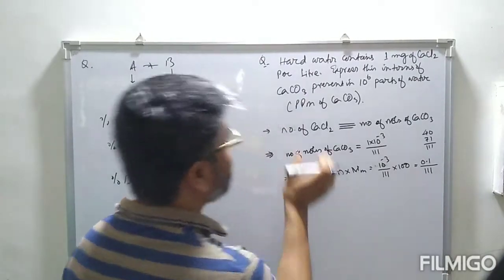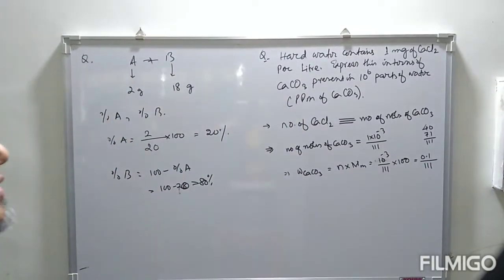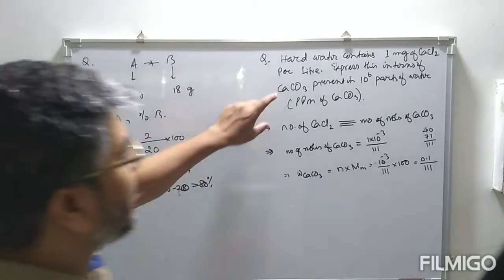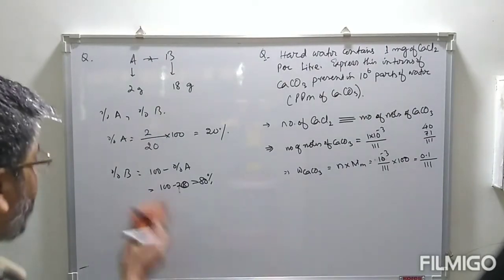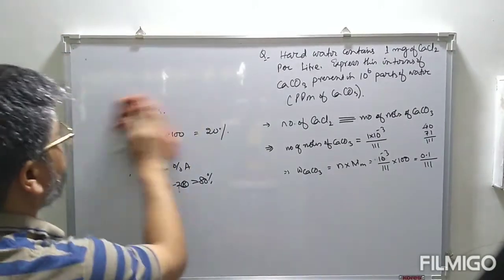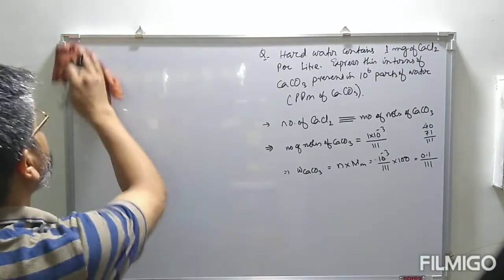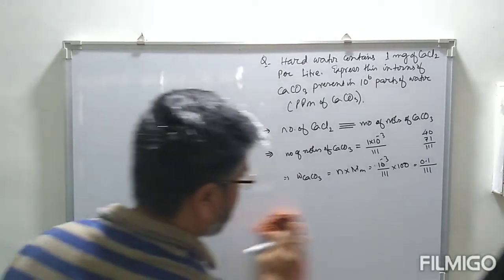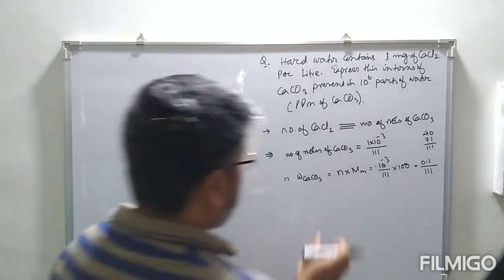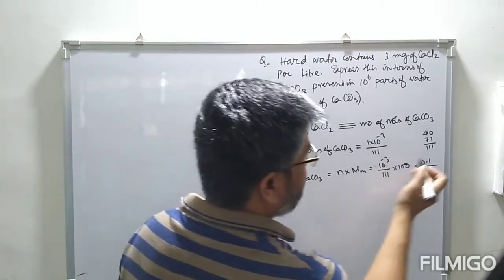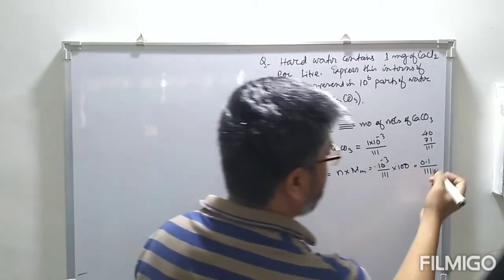Now we have to express this in terms of parts per million. So mass of calcium carbonate, that is 0.1 divided by triple 1.